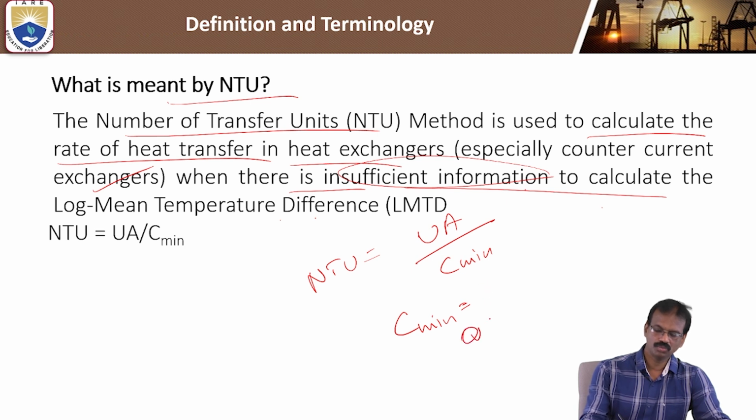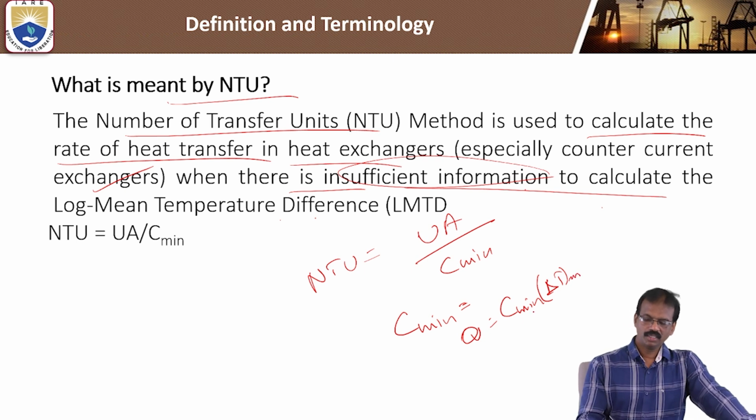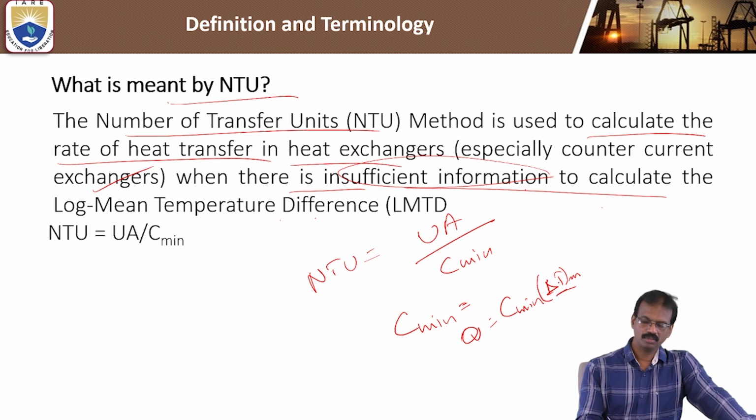It means Q is equal to C minimum into delta T mean, you know this one. If the delta T is the greater value, the C should be minimum.